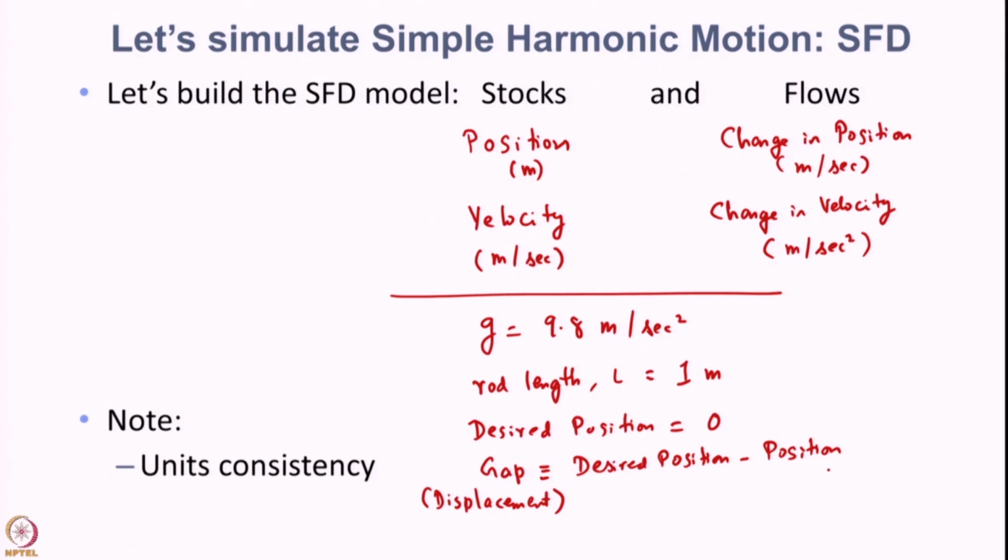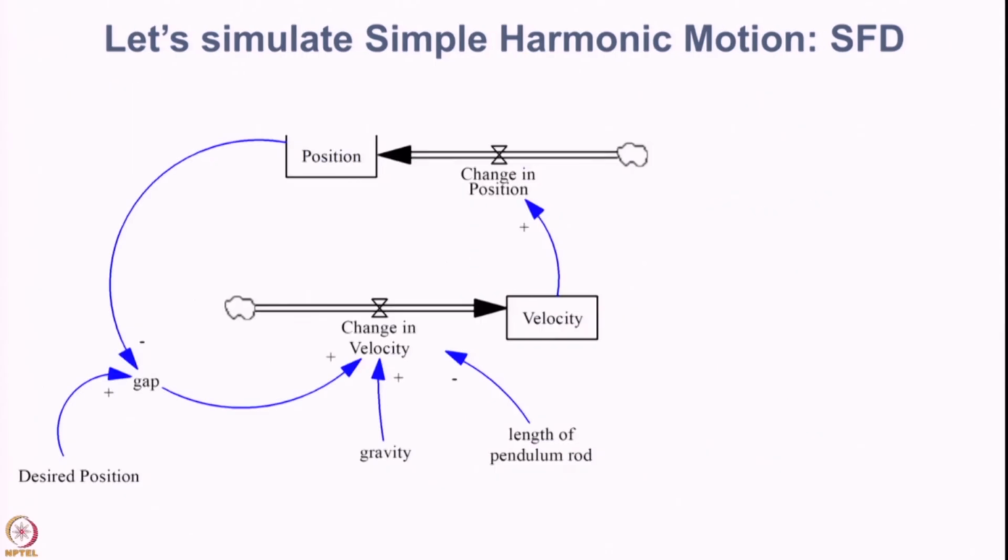Yep. Now let us look at the model. An image of the model is shown here. As you can see, we have a position, we have change in position, and we have the gap, and the velocity which is affected by the change in velocity, and we have gravity and the length of the rod.